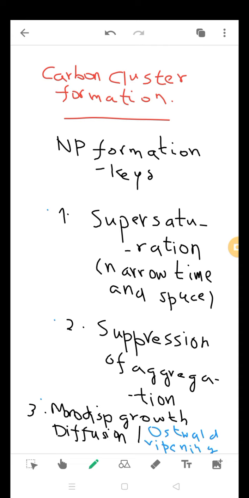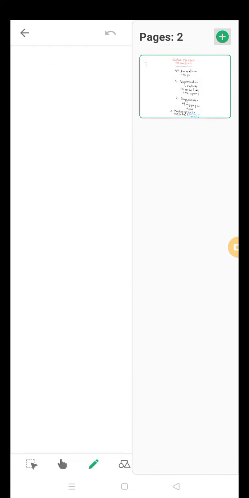Now, as we will be talking about nanocluster formation, nanoclusters were first found by a British chemist, Harry Kroto.